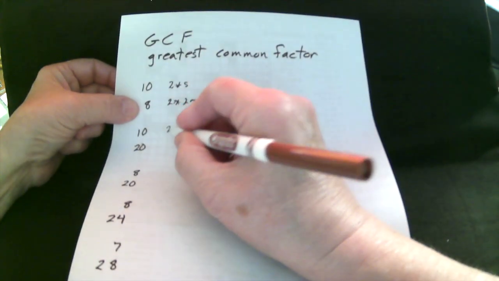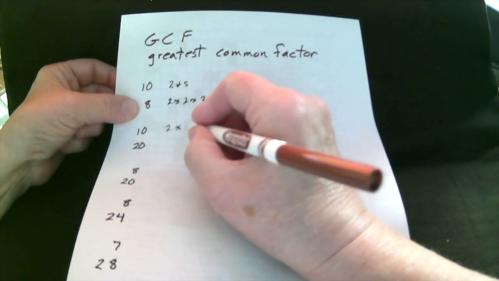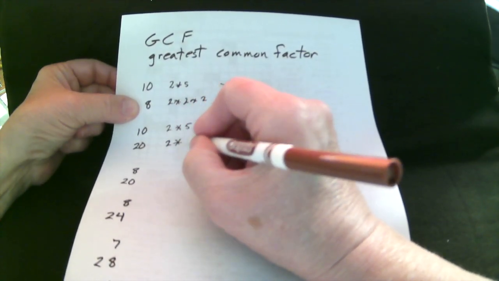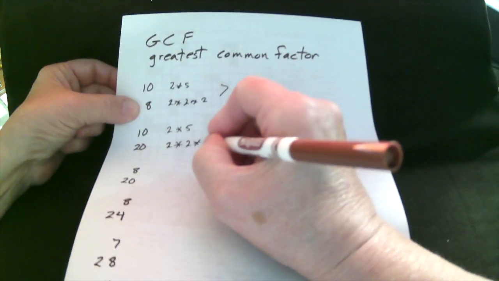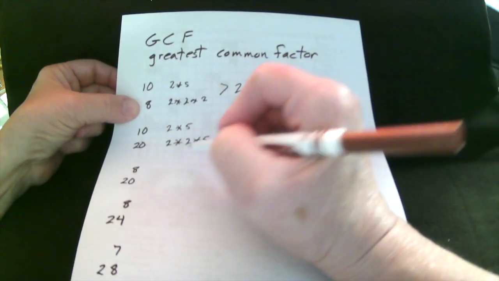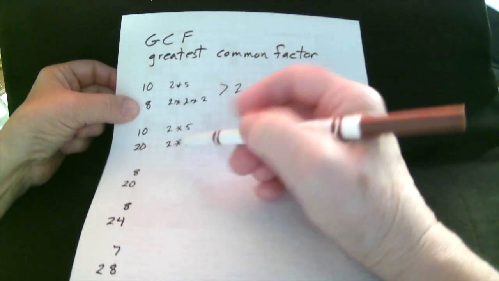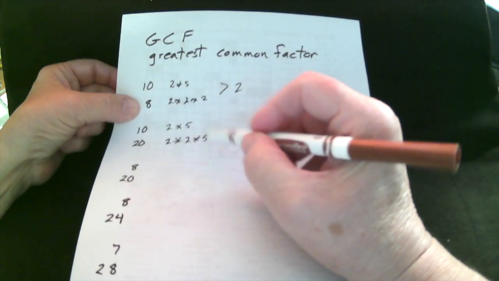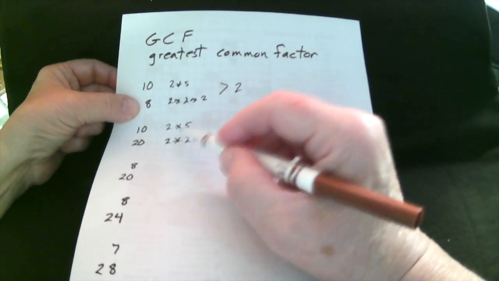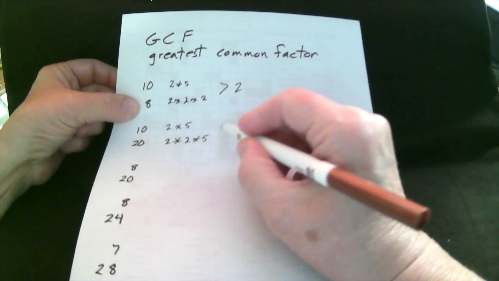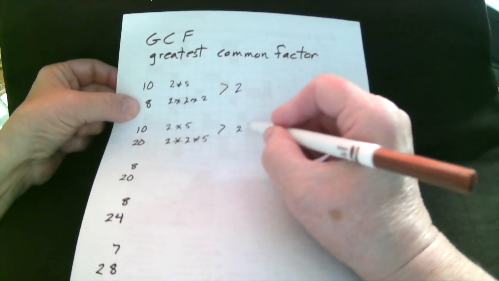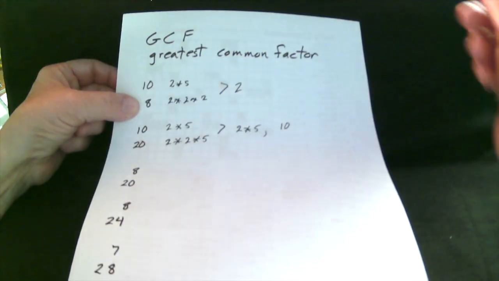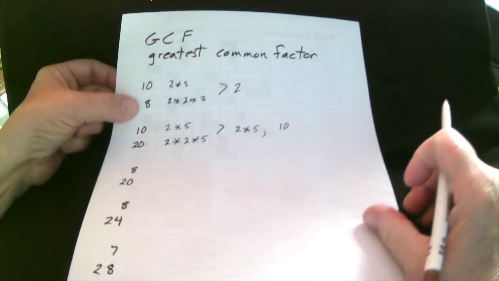If I have 10 and 20, 2 times 5, 2 times 2 times 5, 2 times 5 matches 2 times 5 here, but this second 2 is not up there. So our greatest common factor is 2 times 5, or 10. 10 is the greatest common factor.